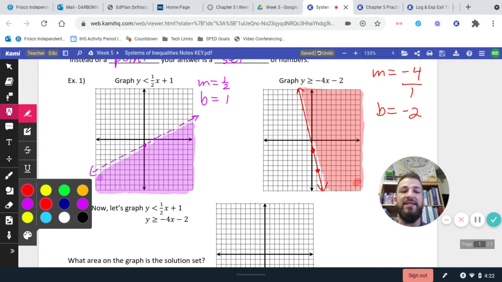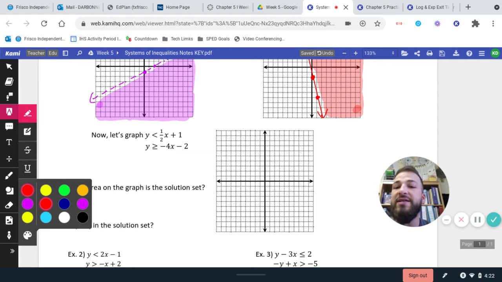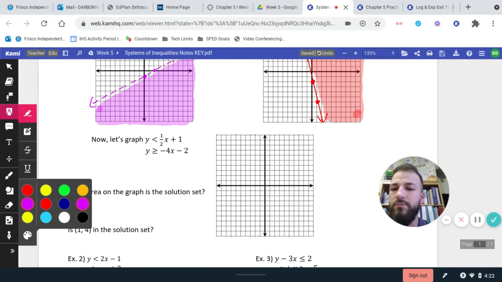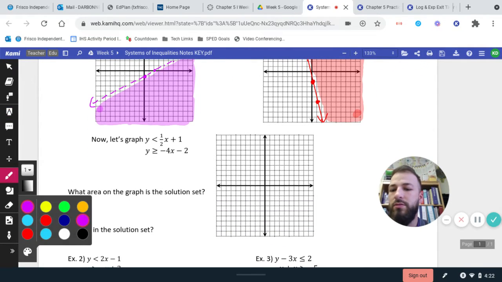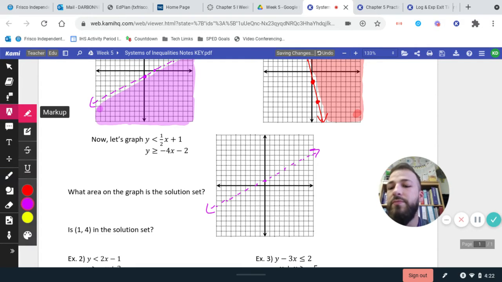Now we're going to graph the system of inequalities by graphing both of these on the same graph. So we're going to start by graphing y equals 1/2 x plus 1. So plus 1, 1/2. Still a dotted line, and still shading below.